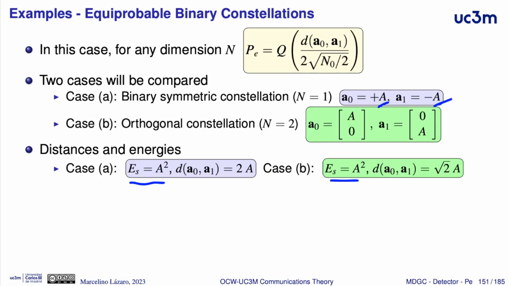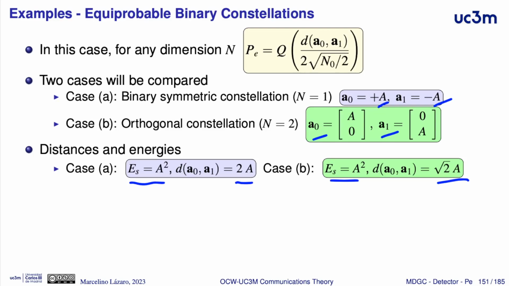The same thing happens for the second constellation. The addition of the coordinates to the square for A0 and 0A is A to the power 2. With respect to the distances, the distance in the first constellation is 2 times A, while the distance for the second constellation is square root of 2 times A.